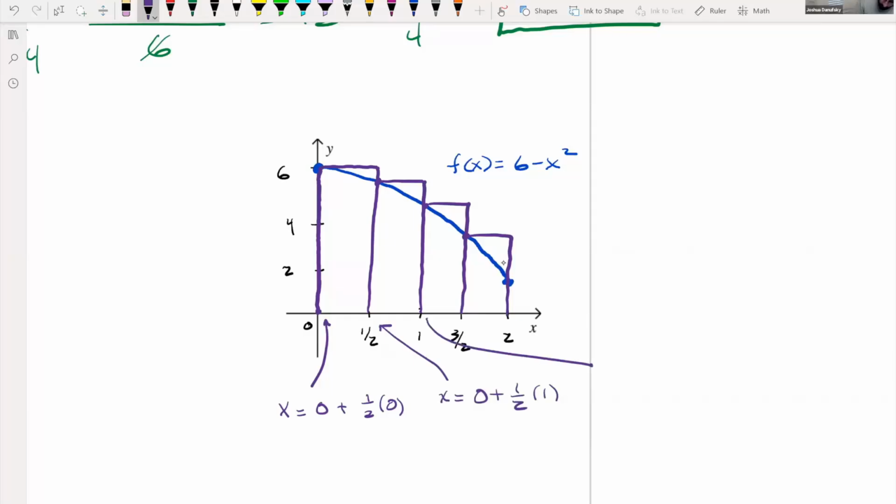And this one over here is going to be x equals 0 plus 1/2 times 2, and so on and so forth. We get to do it for 3 right there. That is 4 rectangles, right?